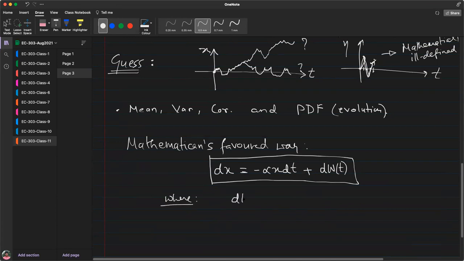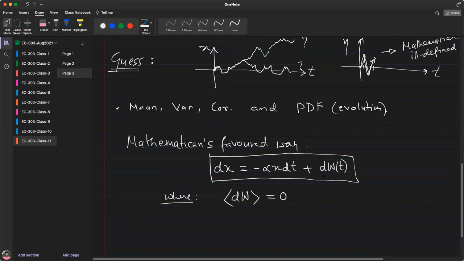dW has the following properties. The mean value of dW is 0, meaning the average increment is 0. These dW are basically increments, right?